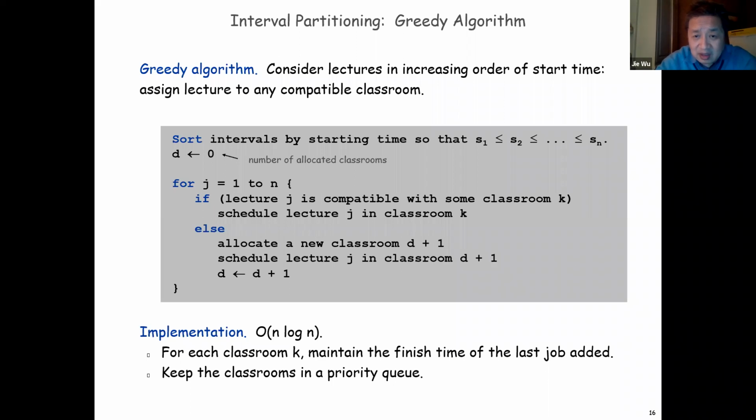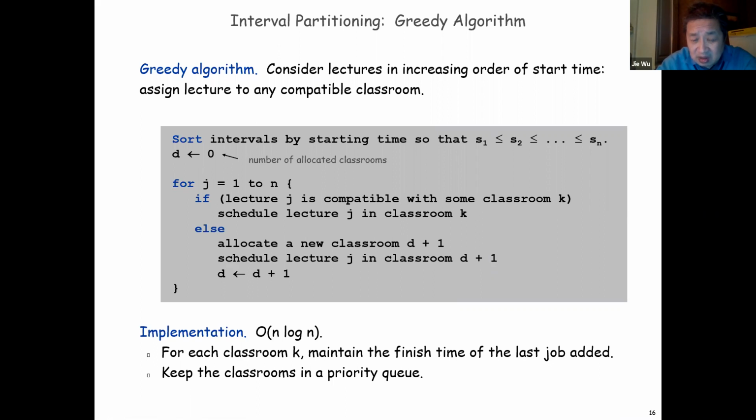Then you allocate a new classroom, which means you hire a new team member. So if no classroom is available, you have to use another classroom, or another team member. This process just continues.